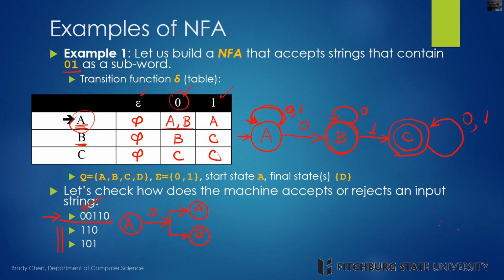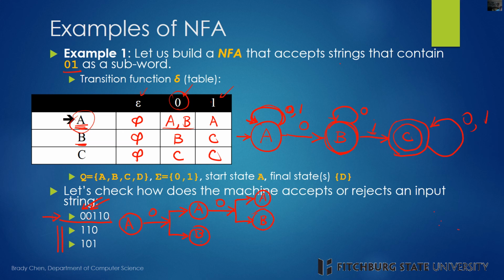That's the result. Now what's the next one? Next input is 0. Okay, now we're going to study the next input for each possible state. So if the current state is A, now the input is 0. We know that there are potentially two destinations, right? A and B.